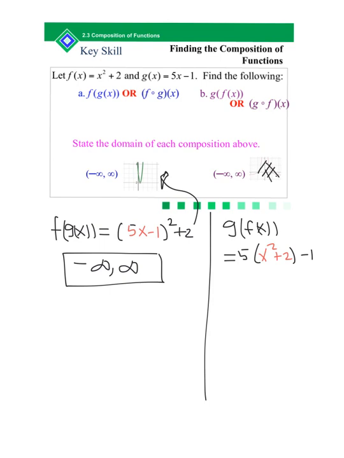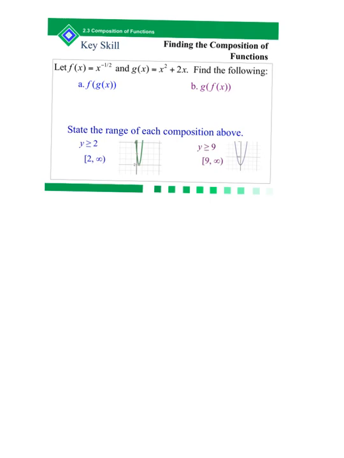When I look at this graph, I can see that the domain here is going to be all real numbers. It's a quadratic function, it's a parabola, so that's the domain. On to the next one, and see, this is how the graph of the previous one looks.